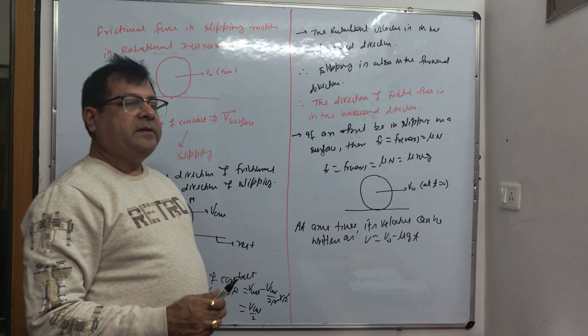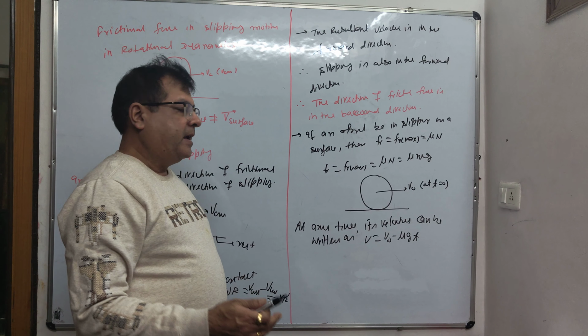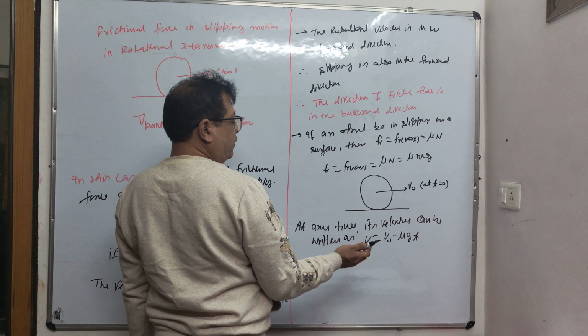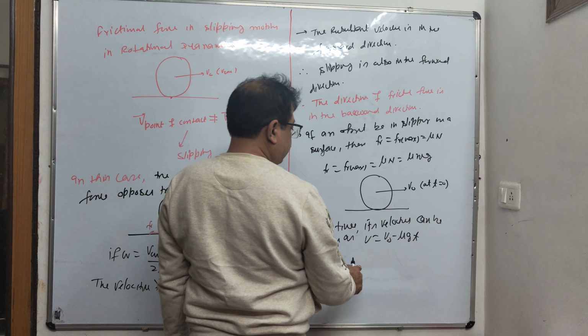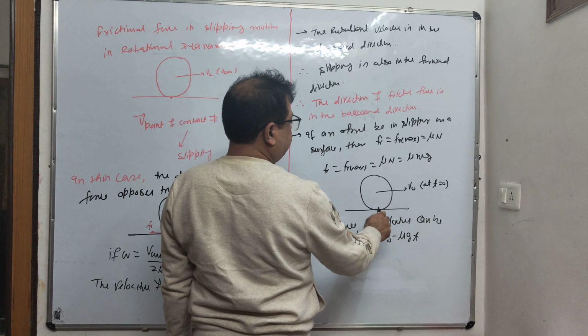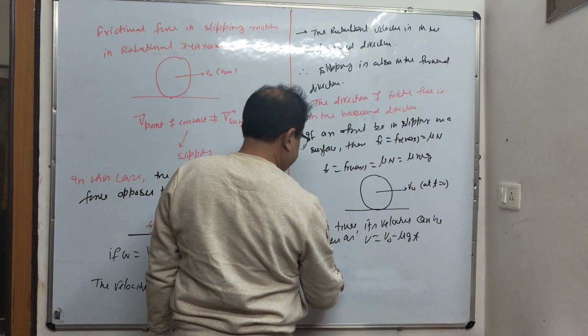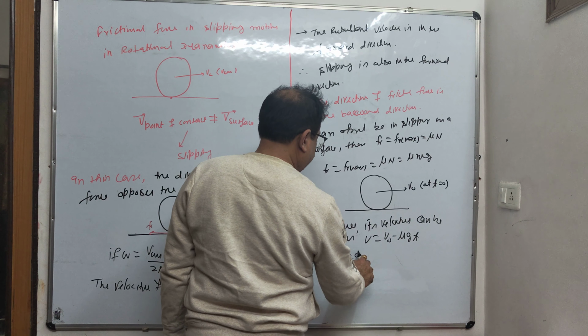So velocity keeps on decreasing, and you can write also omega. So initially there is no omega. So at t is equal to 0, omega is 0.